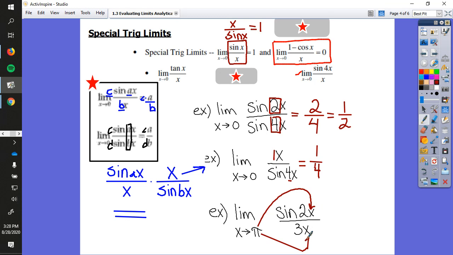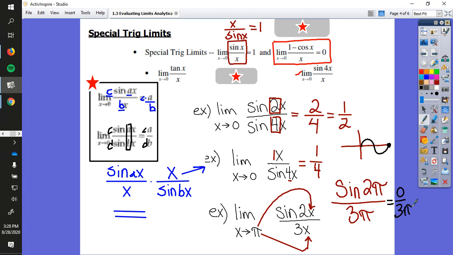So in this problem right here, really what we need to be doing is a direct substitution. So we end up getting the sine of 2 pi, which is 0, over 3 pi. And just real quick, we have time, if I draw it, sine of 2 pi is 0. So I end up getting 0 over 3 pi, and that's okay. 0 divided by 3 pi is 0. And so our limit for that one would be 0. So that's a direct substitution, not a special trig limit.